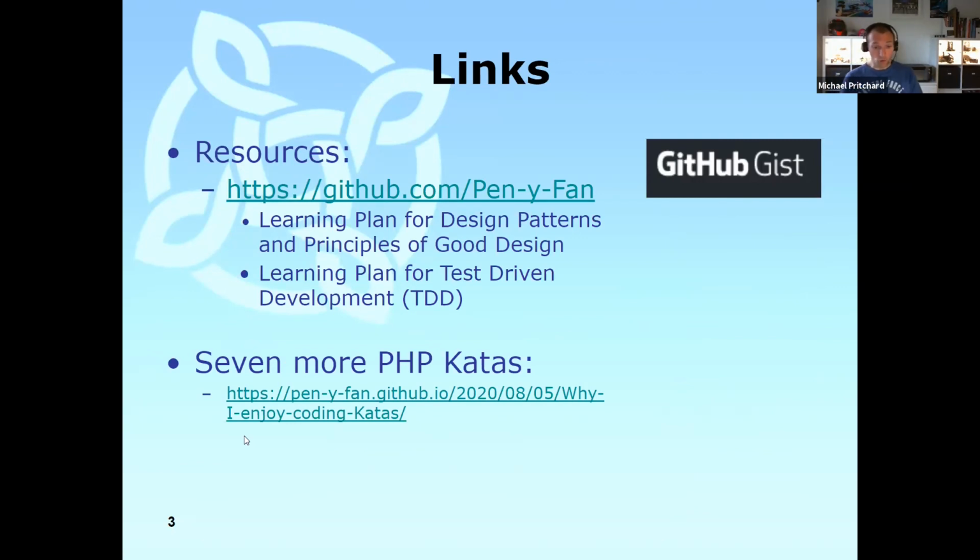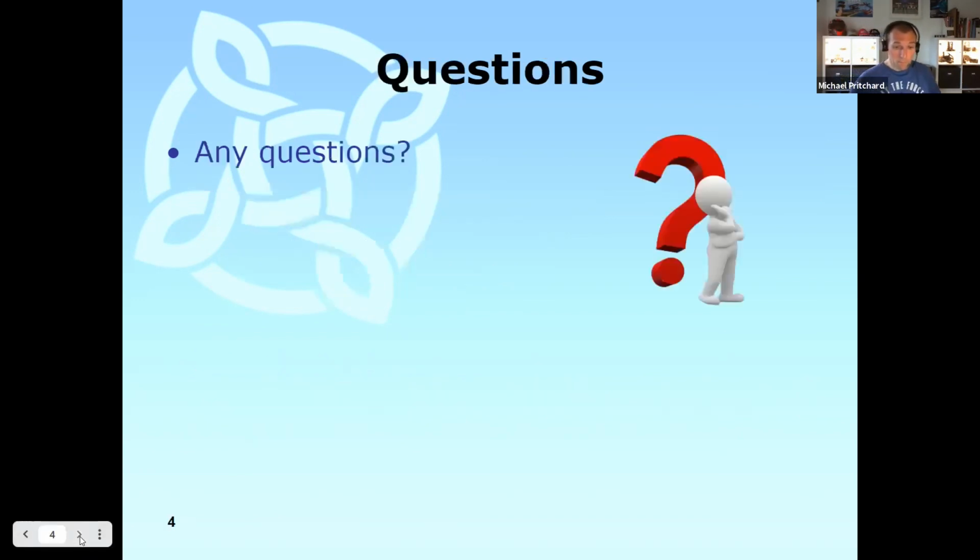If you're interested in resources about clean code, principles of good design, or test-driven development, then I've got a couple of plans there that I used a year or so back to try and improve myself. If you have any questions, then I'm available.